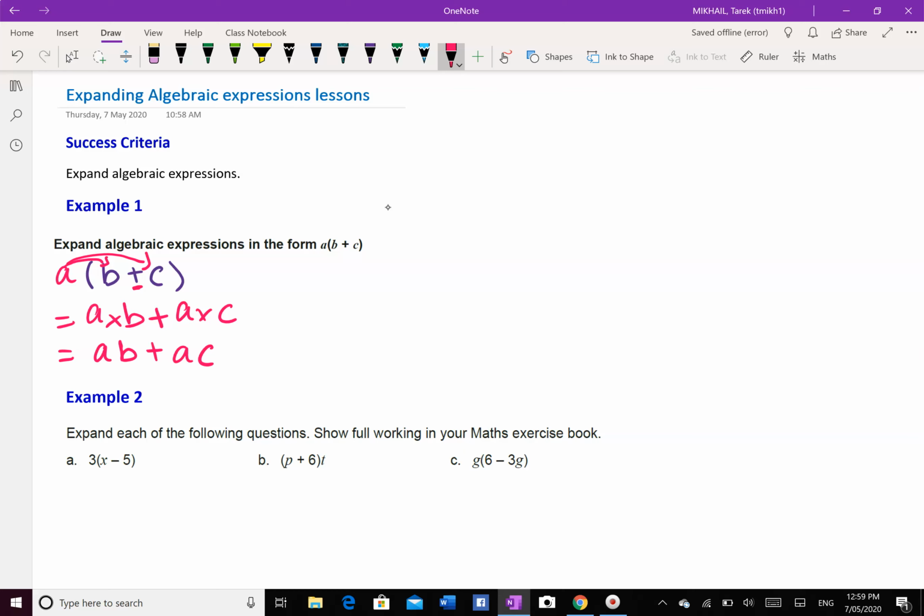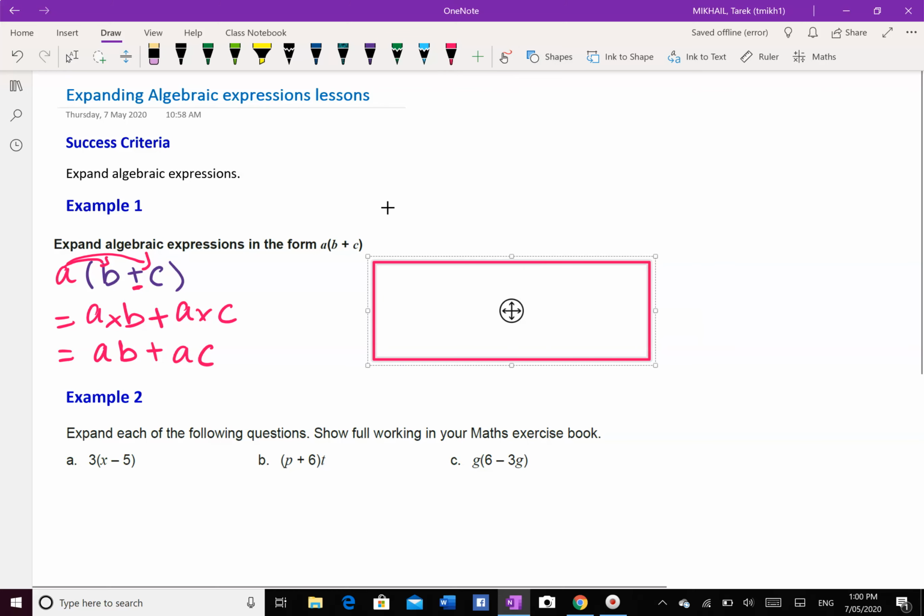Also we can use the rectangle method, which is we can draw a rectangle and then divide this rectangle into two rectangles.